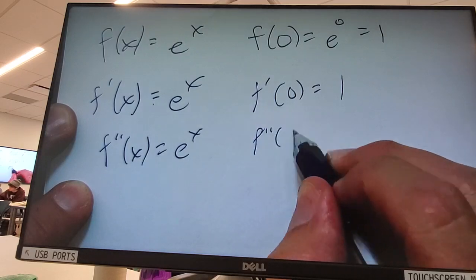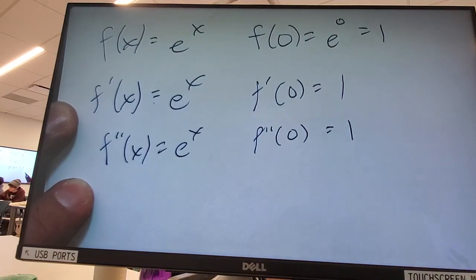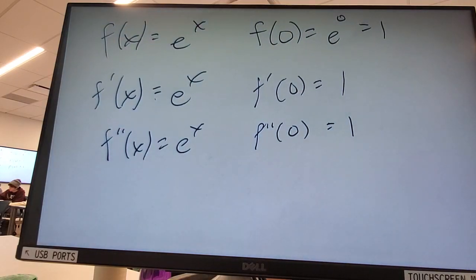So what's f double prime of 0? 1. Right? You very quickly go, I don't have to do any more. So now it's the question, can you put it together? So try to put together, you only have to go up to the third power, yes? Because I think I said I wanted the third.